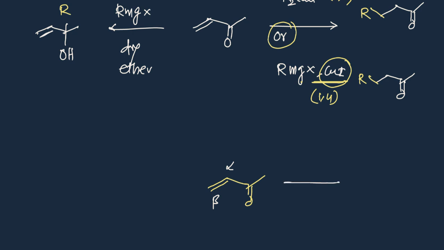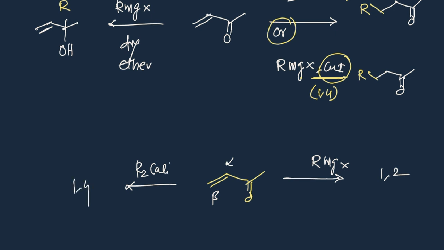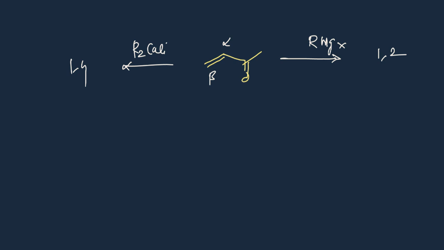So simple RMgX will show the 1,2 addition, and whenever we have R2CuLi, it shows the 1,4 addition. It's very simple. But whenever there is crowding at the beta position, then addition cannot take place at the beta position.